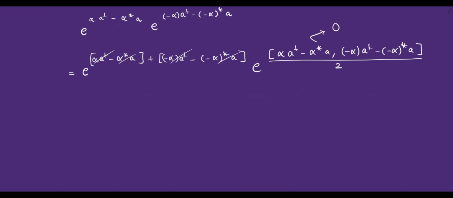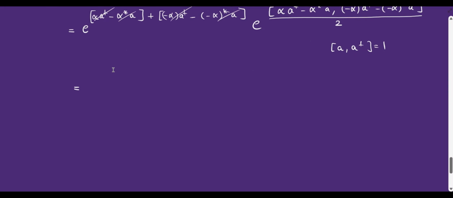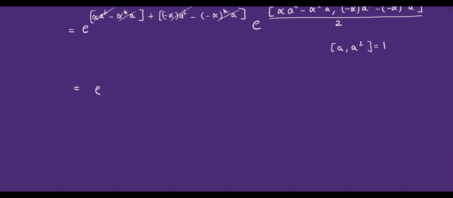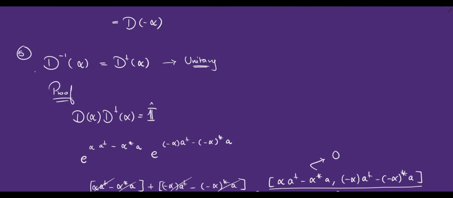You just use the commutator properties, that a comma a dagger is equal to 1 and so on, and you will see that it's just some algebraic manipulation that you need to do. Because of alpha and minus alpha, these things get cancelled, and you will see that this is like e raised to 0 into e raised to 0, which is nothing but the identity operation. So we see that the displacement operator is unitary.